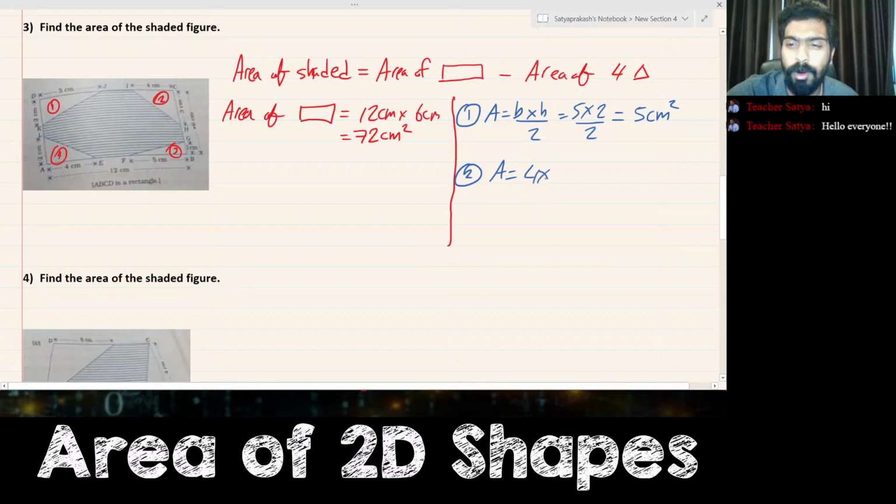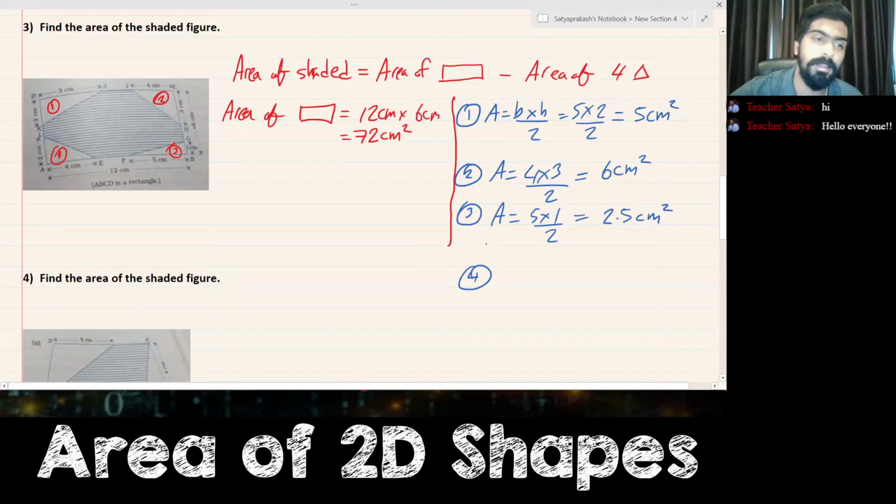So we have 4 times 3 divided by 2, which is equal to 6 centimeter square. Triangle number 3, we have area is 5 times 1 divided by 2, which is 2.5 centimeter square, right guys? And triangle number 4, we have area is 4 times 2 divided by 2, which is equal to 4 centimeter square.